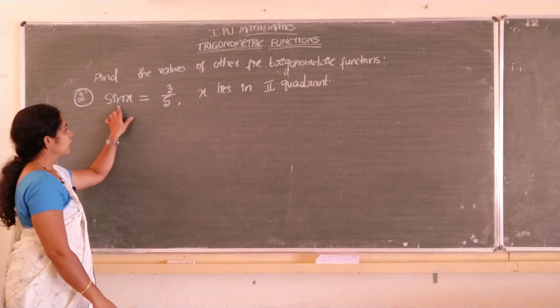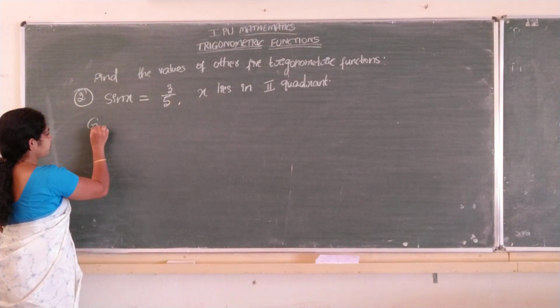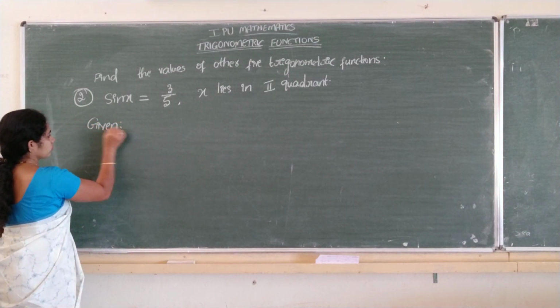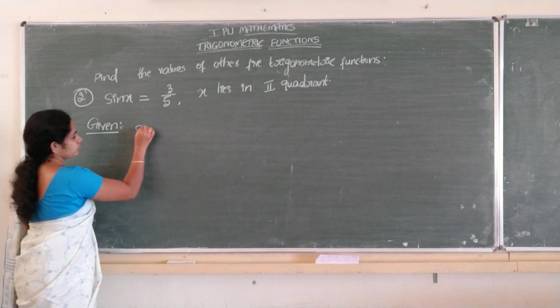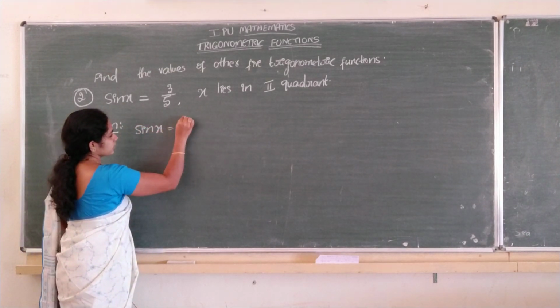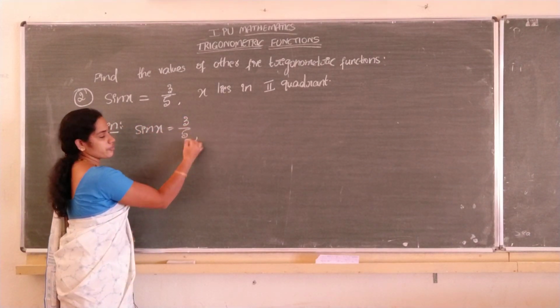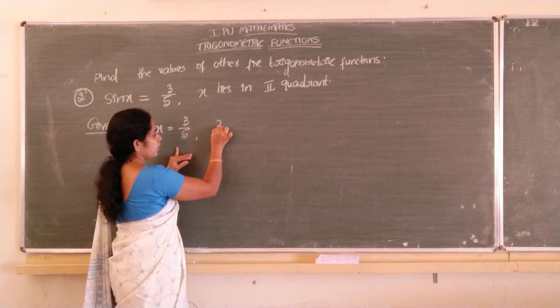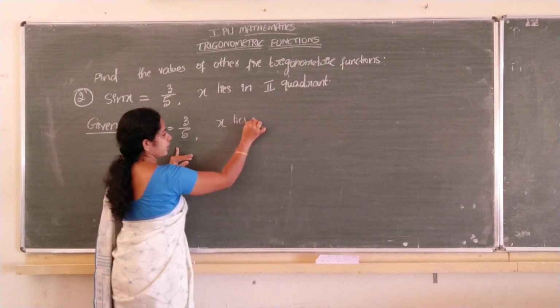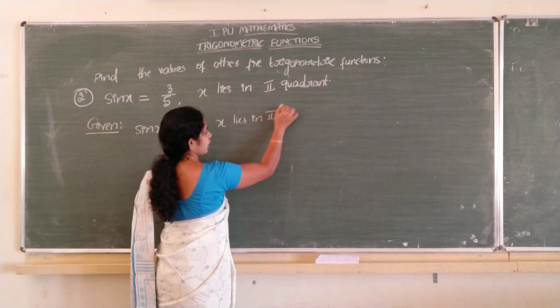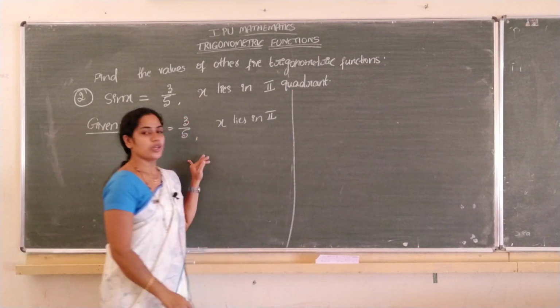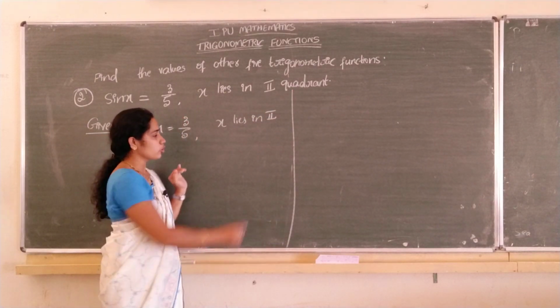Now, given that sin x is equal to 3 by 5, where x lies in second quadrant, that is given in the question.